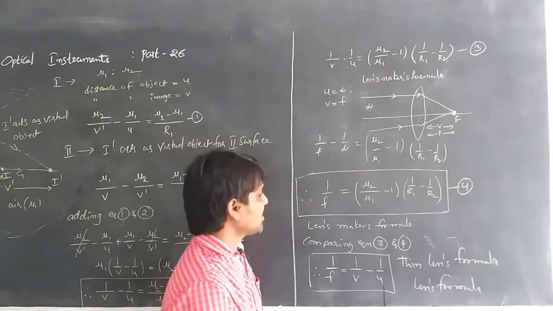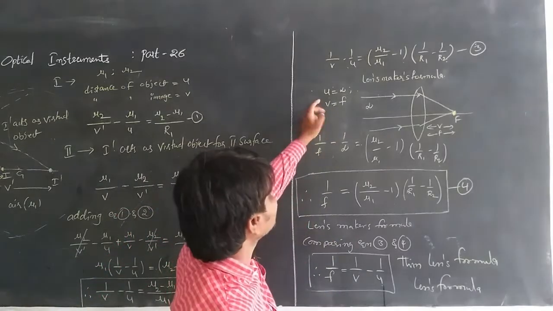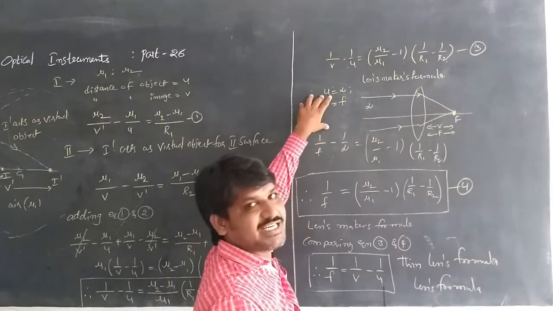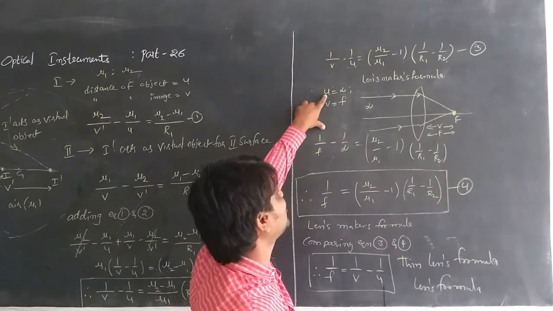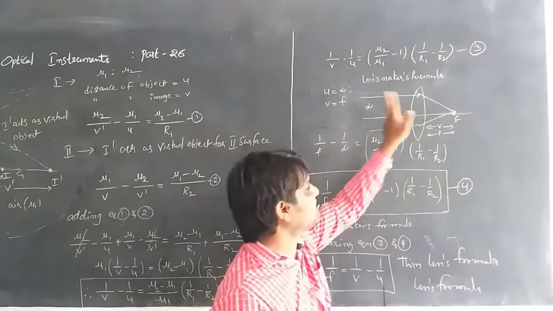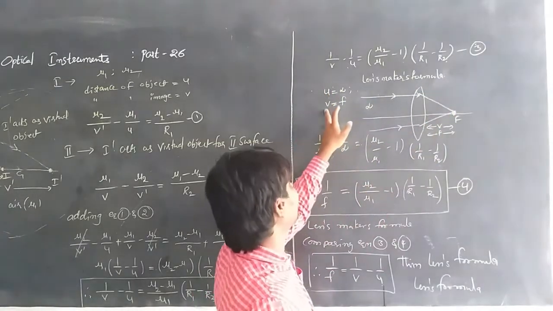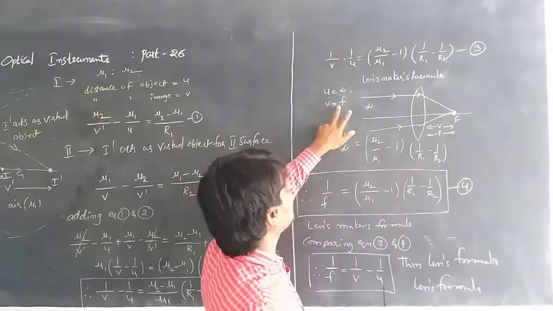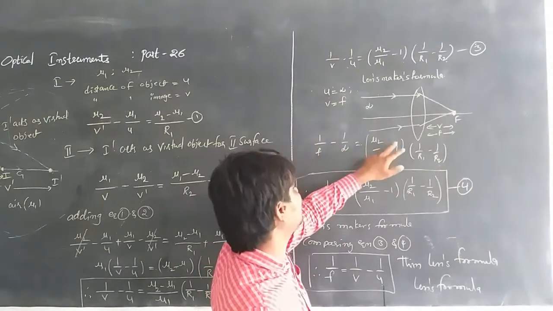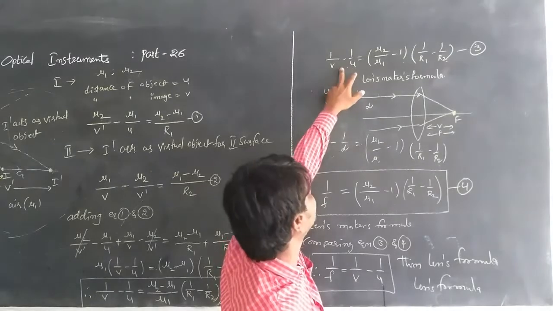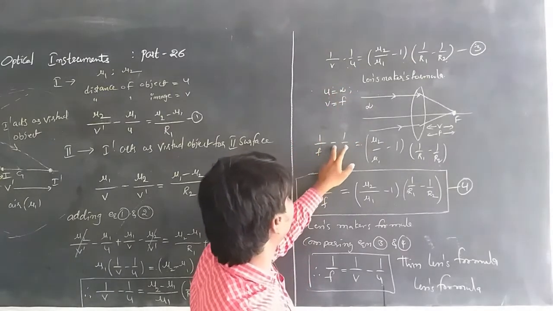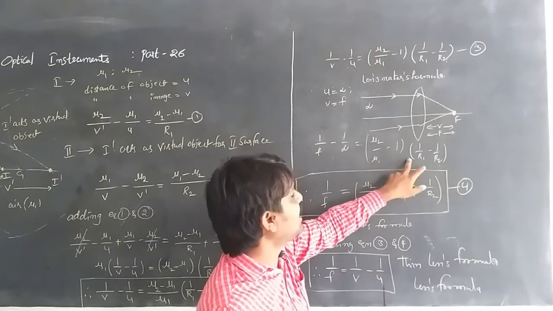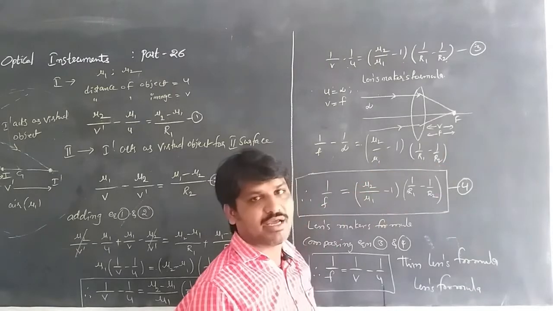Once again, when the object is placed at infinity, with light moving from infinite distance, the image is formed at the focus, so v is equal to f. Substituting these values, we get 1 by f minus 1 by infinity equal to mu2 by mu1 minus 1 into 1 by r1 minus 1 by r2.